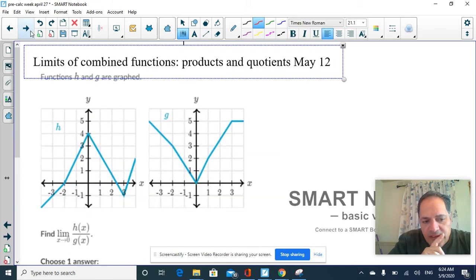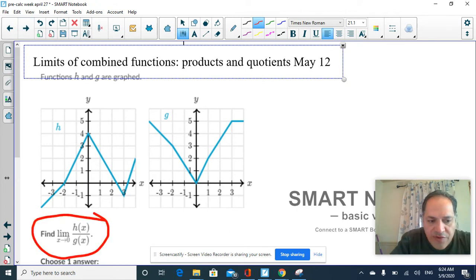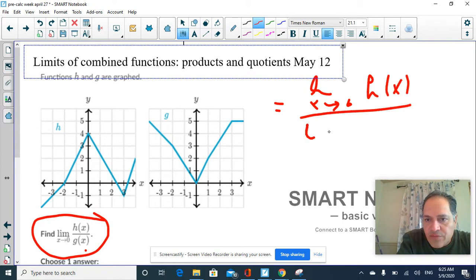If you want to find the limit of the quotient of h of x and g of x, the limit must equal the limit as x approaches 0 of h of x over the limit as x approaches 0 of g of x, and g of x mustn't equal 0.